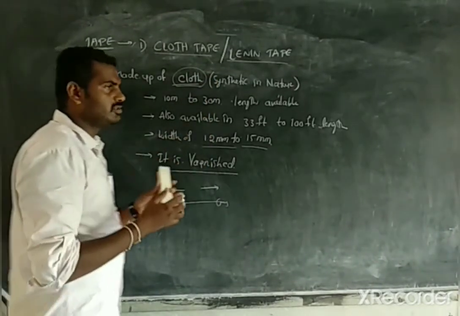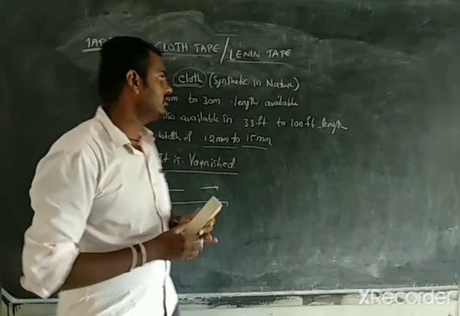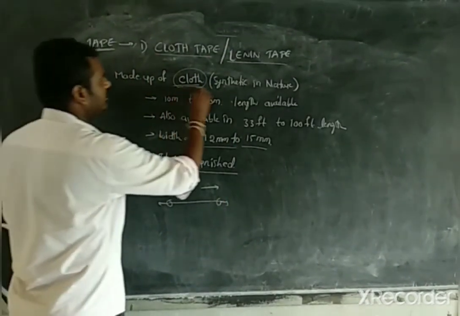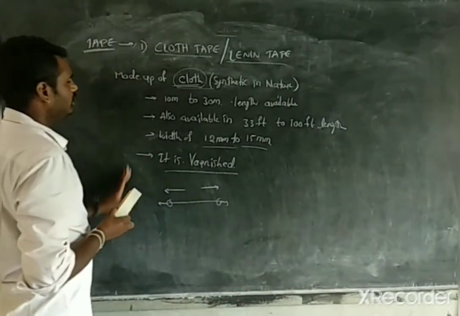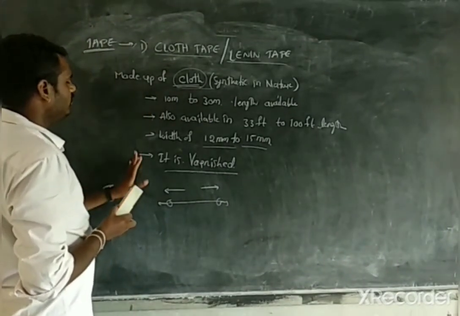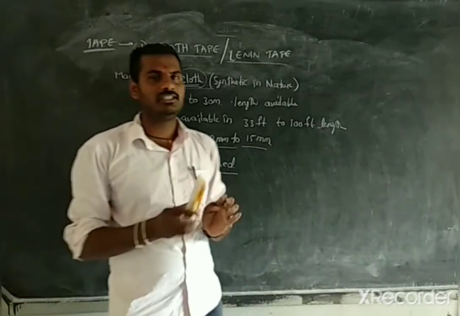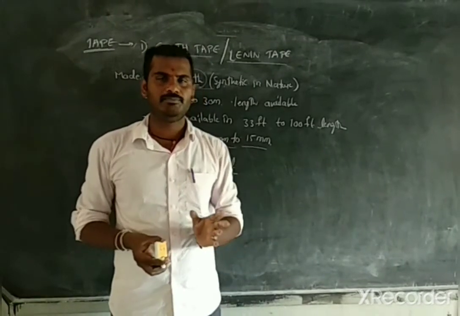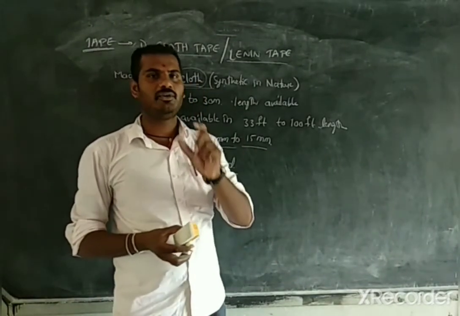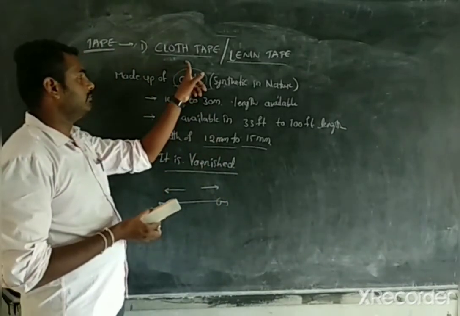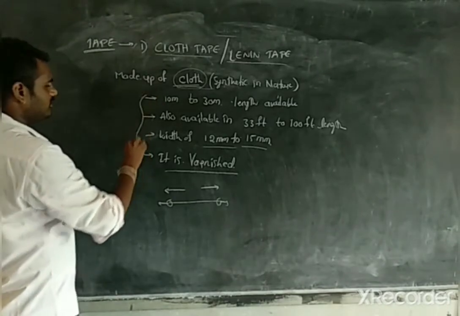So the moisture present in the environment can also lead to shrinking of this cloth tape. By using this cloth tape, you can measure distances on the ground, especially where the ground is relatively flat and smooth, because rough usage of this cloth tape leads to failure of the cloth.